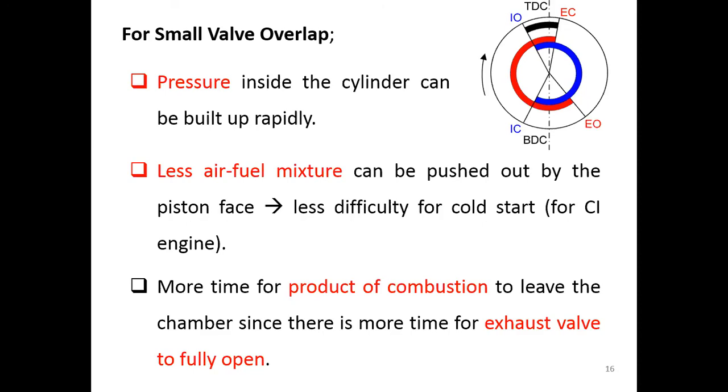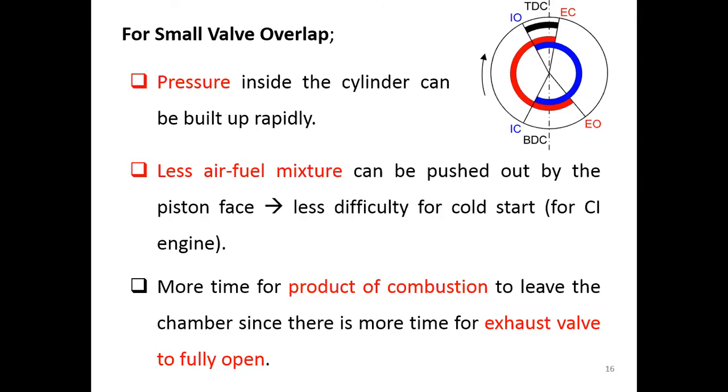When the intake opens, you have mixture flowing in, and when the exhaust opens, you have exhaust flowing out. If both open together, you can expect that some portion of the mixture that flows in can go out. So if this opening is short, less air fuel mixture will go out by the piston face.